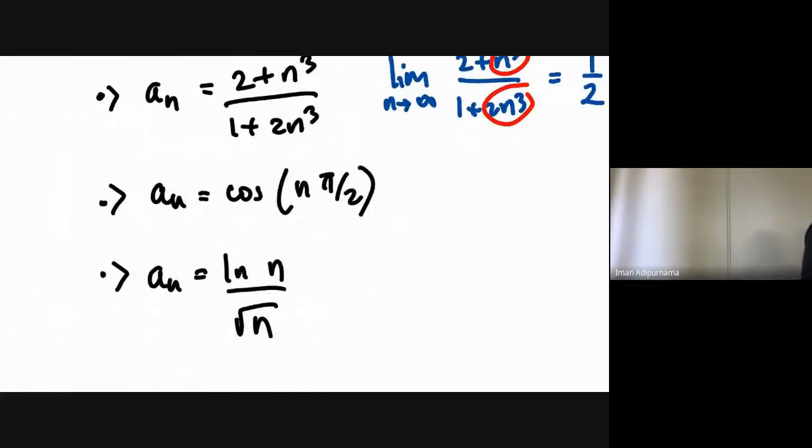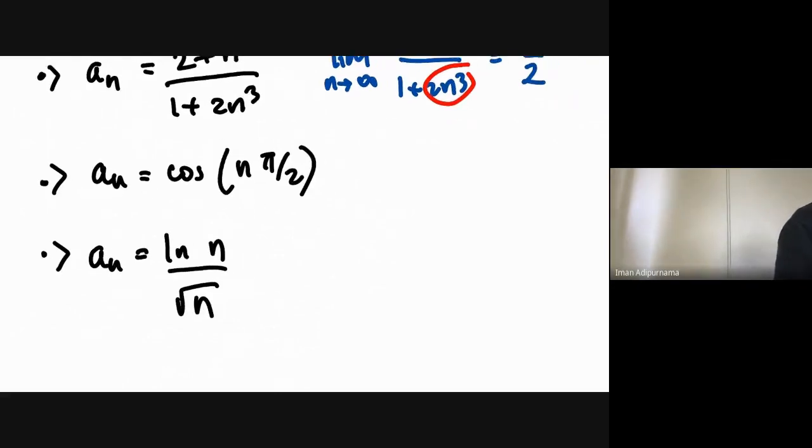And the second one is cosine. For cosine, you need to try several n, from n equal 1, n equal 2. When n is odd, like 1, 3, 5, it will be 0, right? Cos of 5π over 2 is 0. But when n is 2, 4, and so on, it will be plus or minus 1, right?